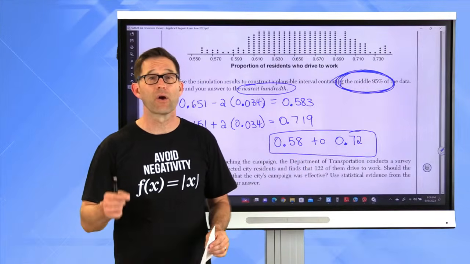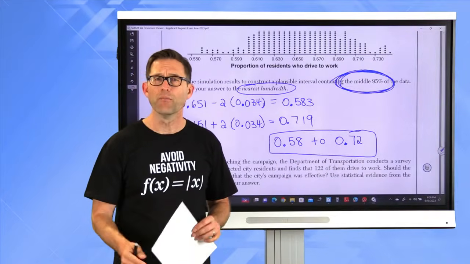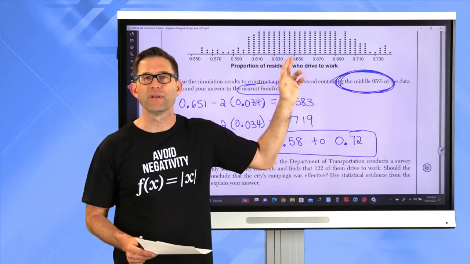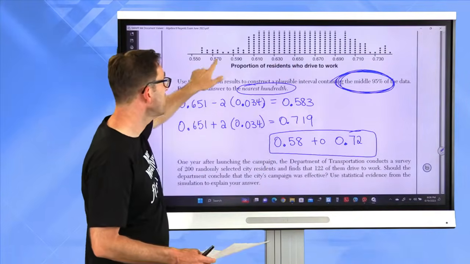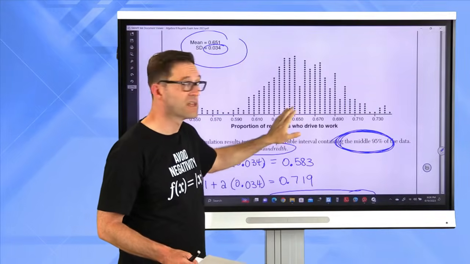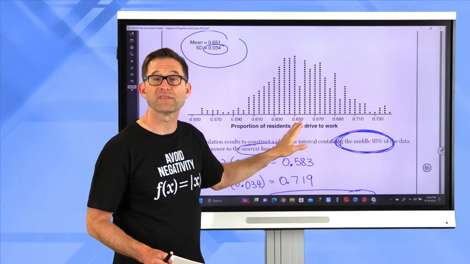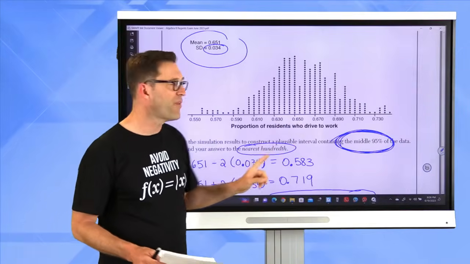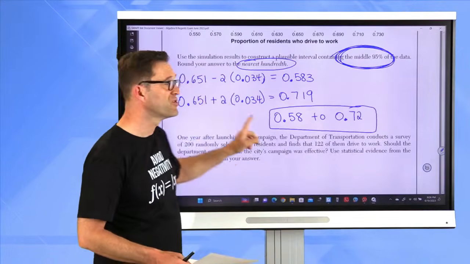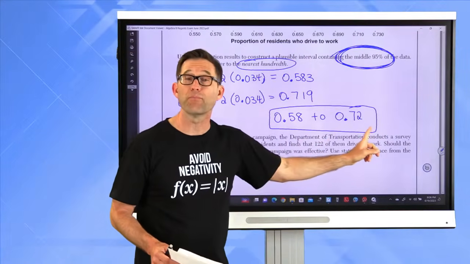If I got a good random sample, most of them are going to be really close to 0.65, and you can see that in the interval. Most of these things lie very close to that 0.65, but 95% of them lie between 0.58 and 0.72.